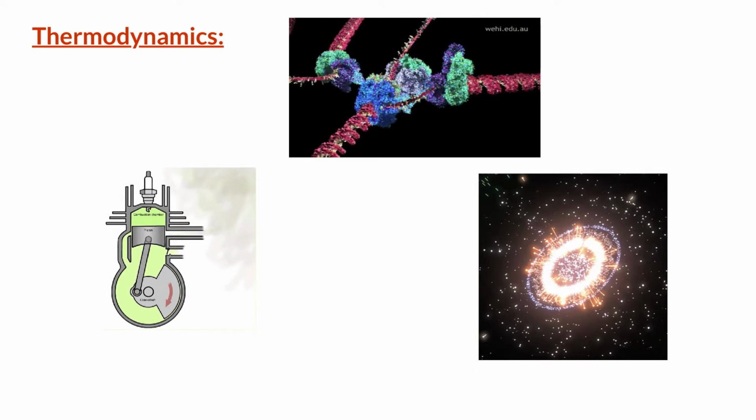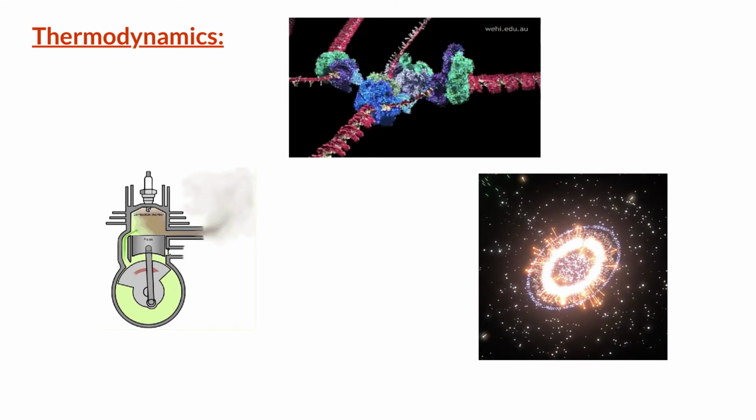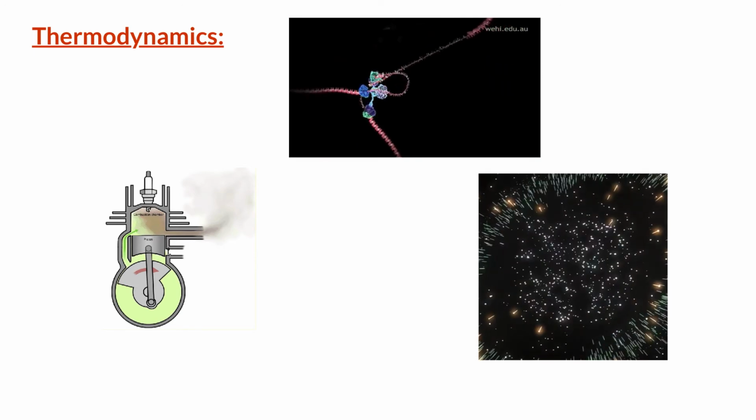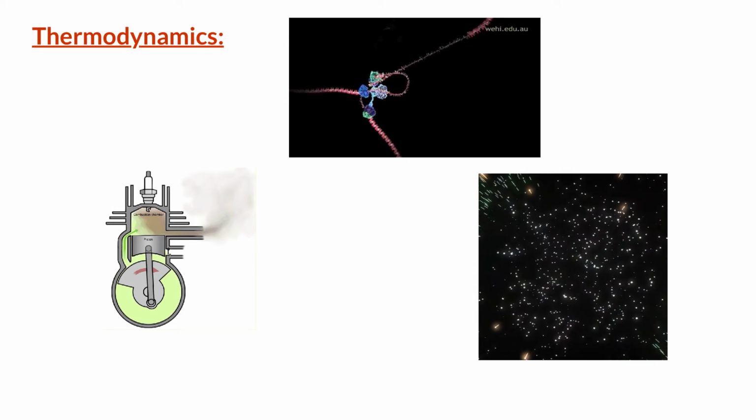Thermodynamics is a universal science. That is, the laws of thermodynamics govern everything around us, starting from the working of an internal combustion engine to folding and interaction of biological macromolecules such as proteins, RNAs, and DNAs to the expanding universe.